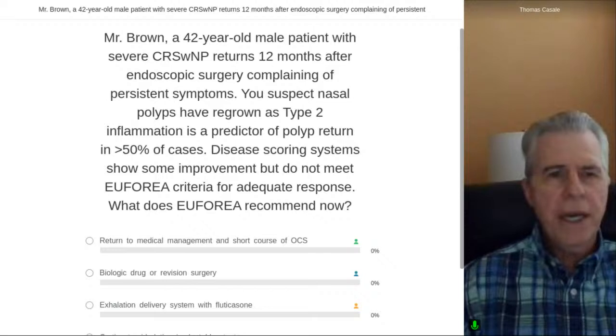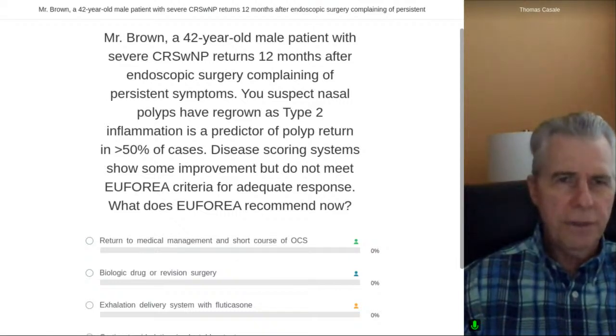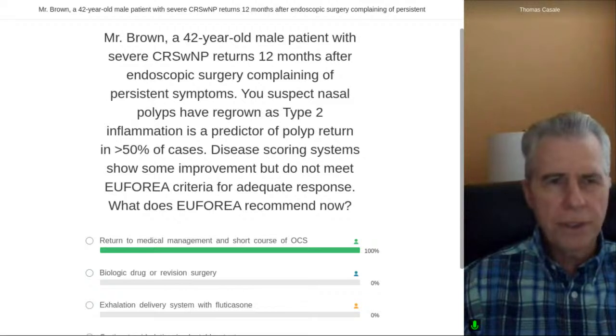So this is a case: Mr. Brown, a 42-year-old male patient with severe chronic rhinosinusitis with nasal polyps, returns 12 months after endoscopic surgery complaining of persistent symptoms. You suspect nasal polyps have regrown, as type 2 inflammation is a predictor of polyp return.